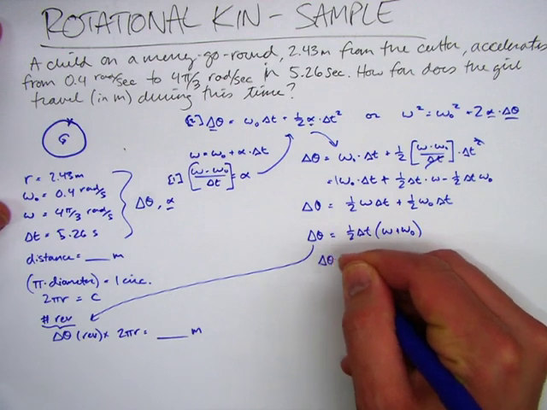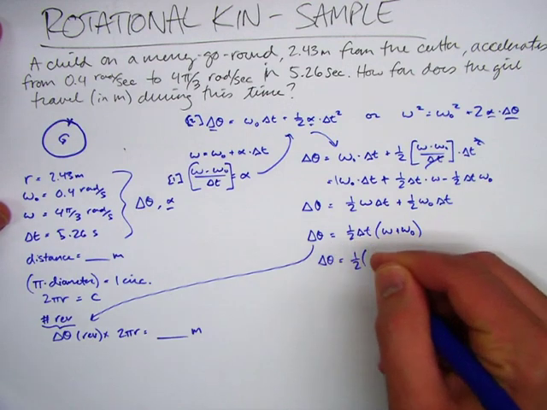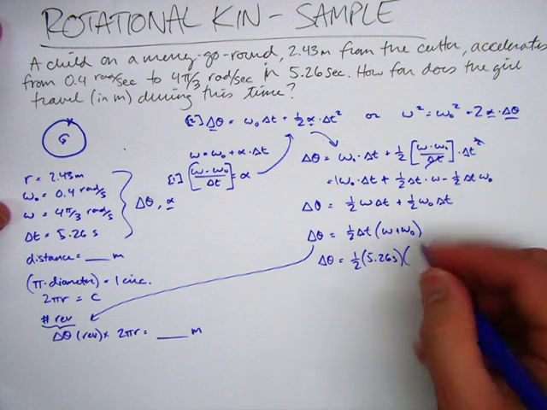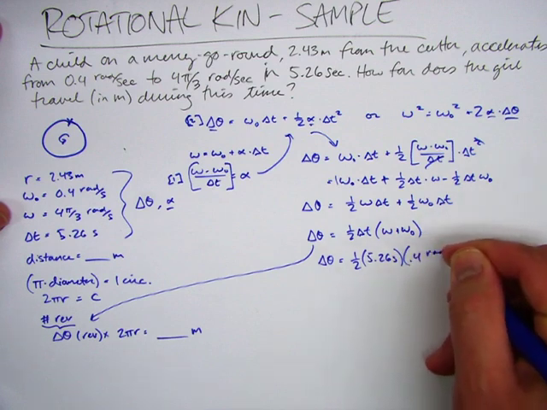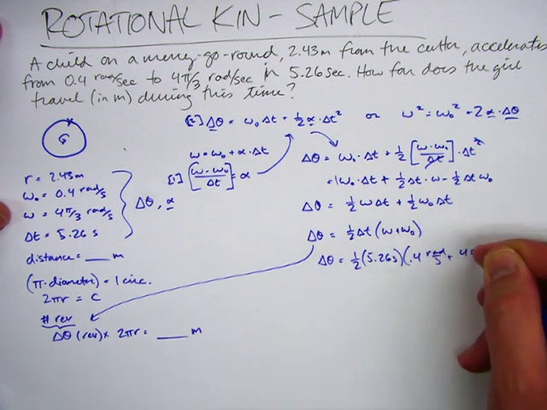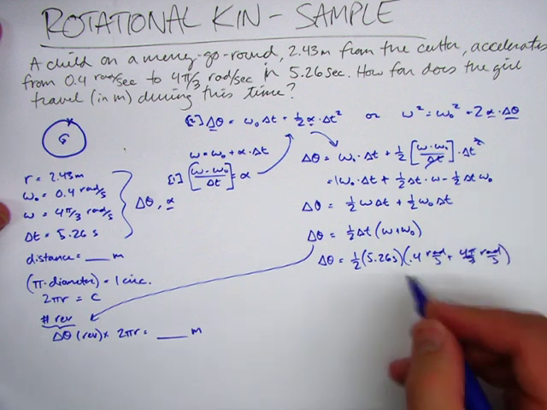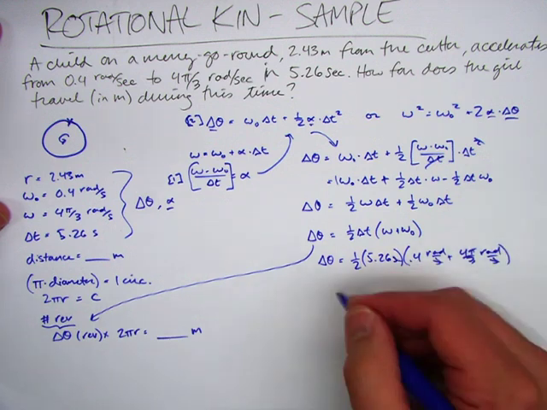So let's put in some values. I have 1/2 times 5.26 seconds times 0.4 radians per second plus 4 pi over 3 radians per second. The seconds are going to cancel, so I'm left with radians.